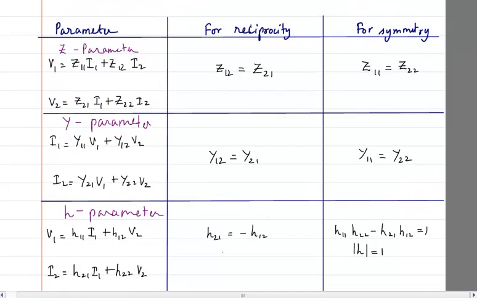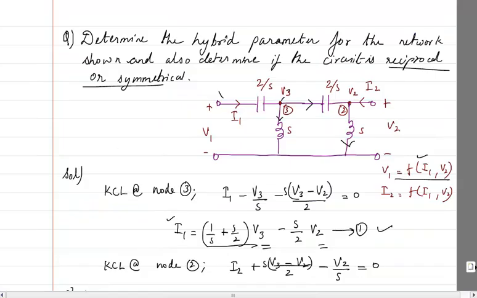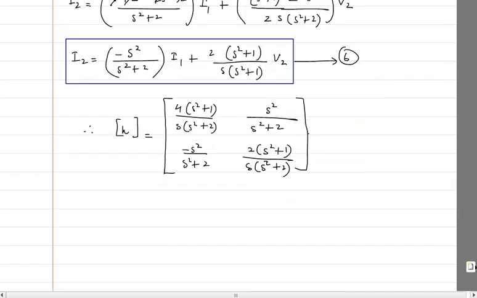For the circuit to be reciprocal, H21 should be equal to minus H12, which in our case is working because this value is the negative of this value. So yes, it is reciprocal, because H12 is equal to minus H21.